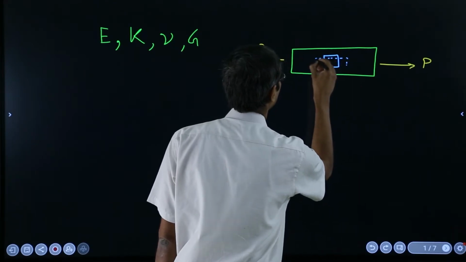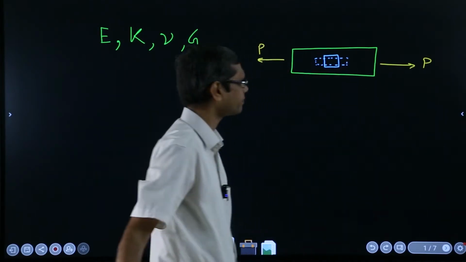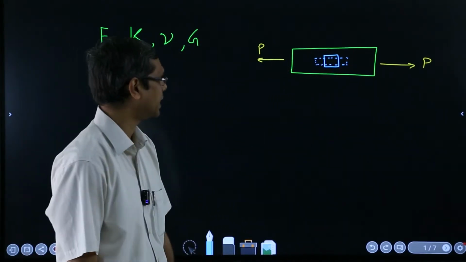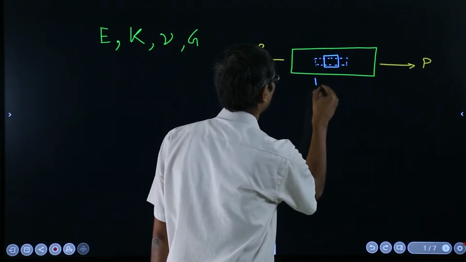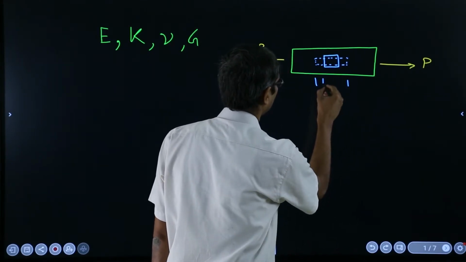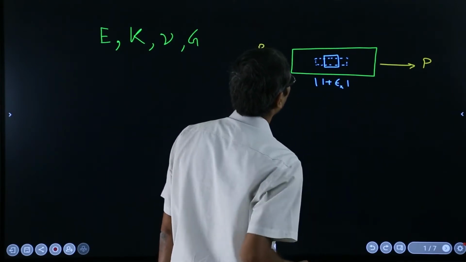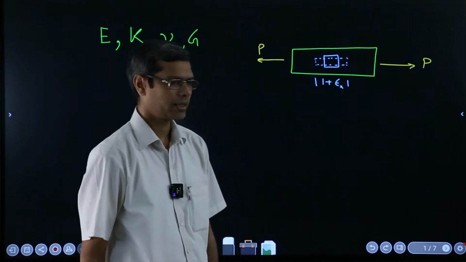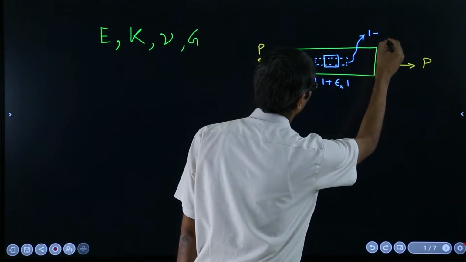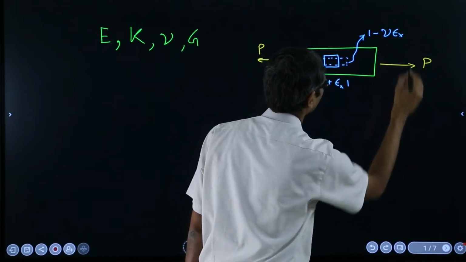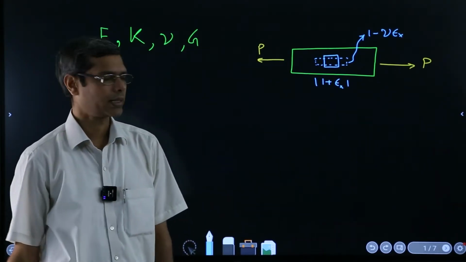It is an exaggerated form, okay, just to make it clear what shape it will take. And these new lengths, what we can tell about them is these are say epsilon x, because unit length we had taken, and then this length will become 1 minus nu epsilon x, right. So, that is how the rectangle will look like now.